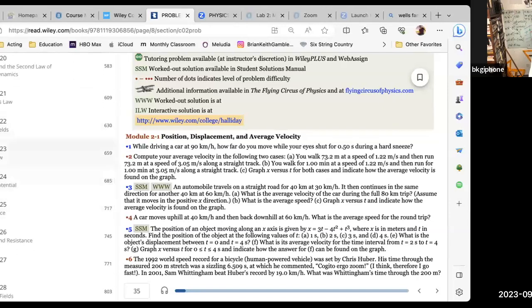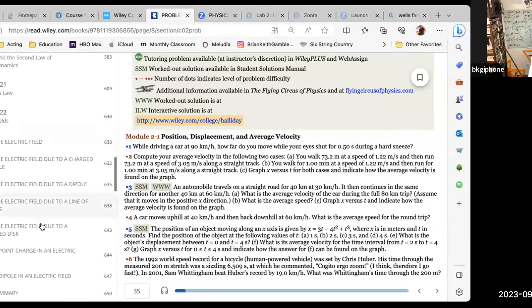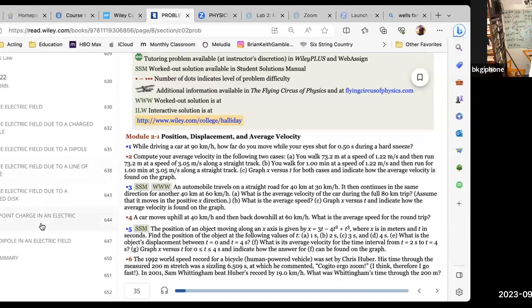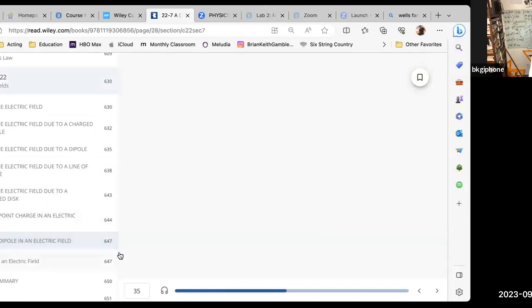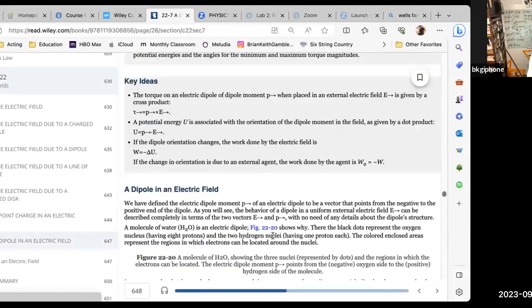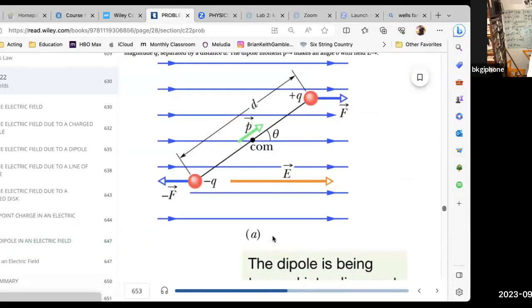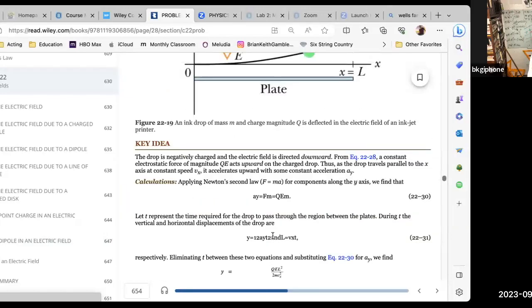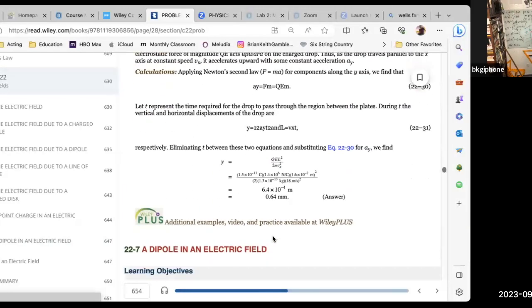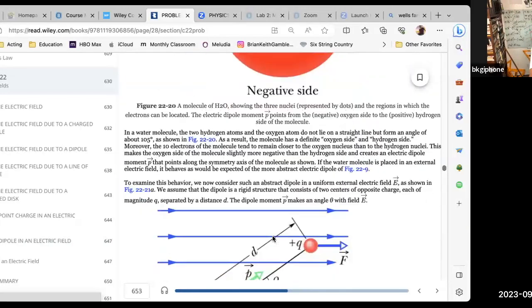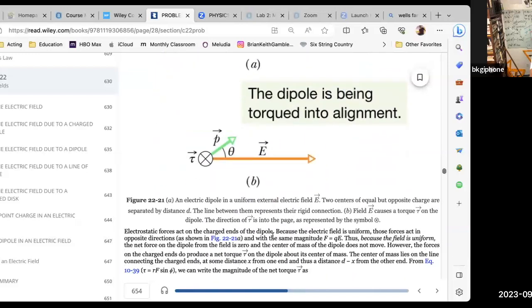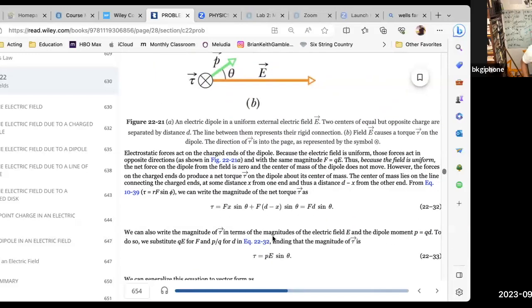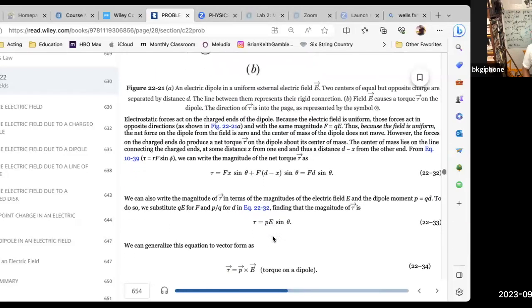Right. Probably here, in this kind of dipole in an electric field. So yeah, they go and talk about all the stuff I said. And then the final result for the dipole. Okay. Yeah, so that's torque.